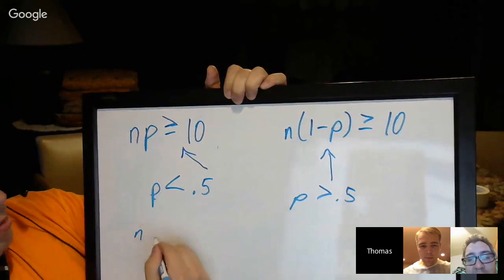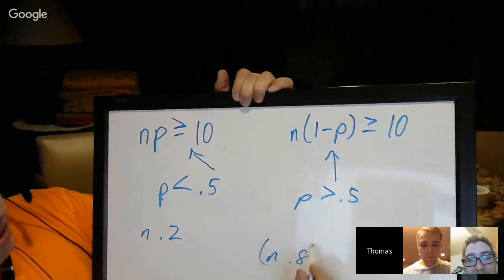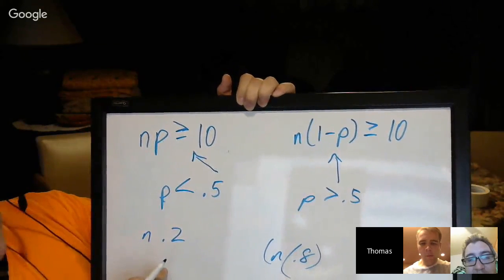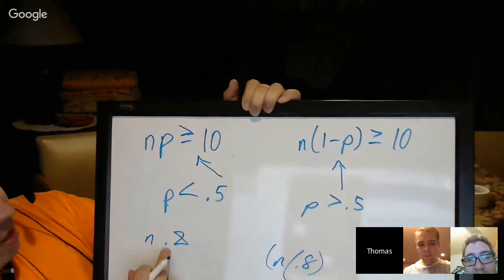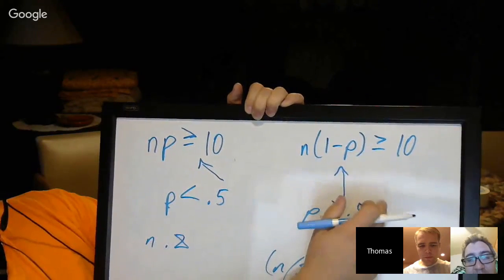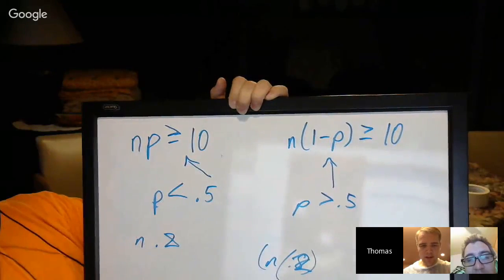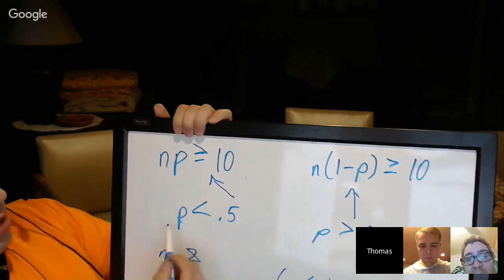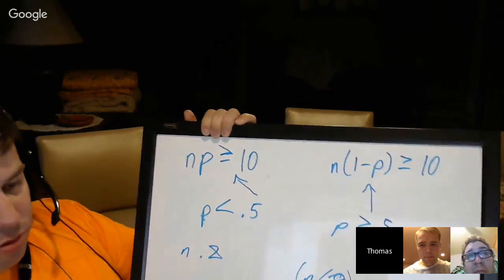Because if you have n times 0.2, that would give you n times 0.8 over here, and that'll be obviously 4 times bigger. And if that's bigger than 10, then 4 times that is bigger than 10. Whereas if you do it the other way, with 0.8, and 1 minus 0.8 becomes 0.2, you use the same logic. If that one's true, this one's 4 times bigger. Does that make sense? It does. So you don't need to check both things all the time if you take account of this. And then you only have to do the test that will give you the smaller answer.